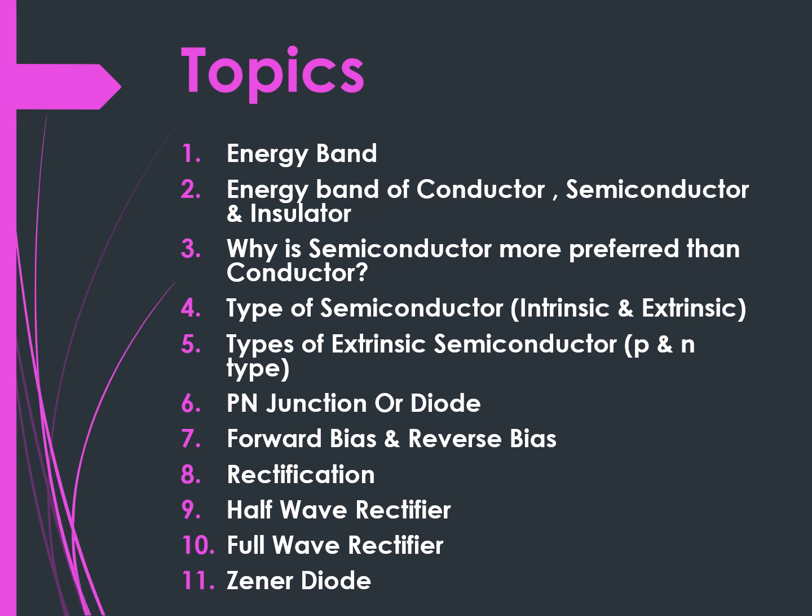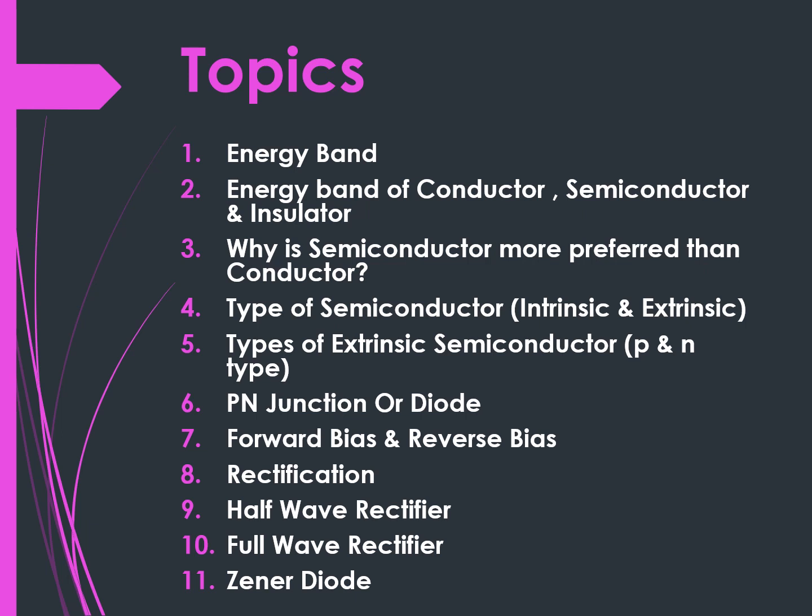The topics that we'll discuss today: energy band of conductor, semiconductor and insulator. Why is semiconductor more preferred than conductor? Type of semiconductor: intrinsic semiconductor and extrinsic semiconductor.